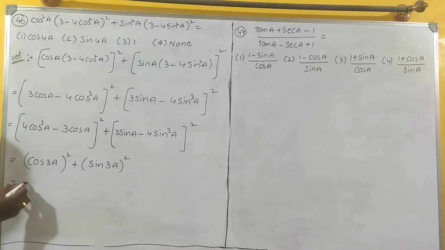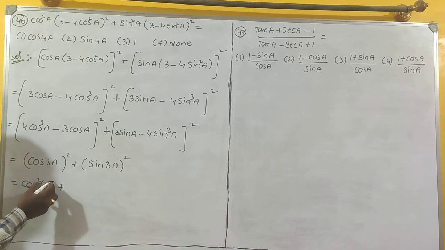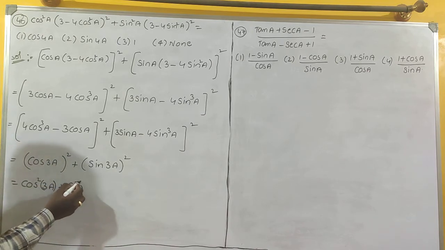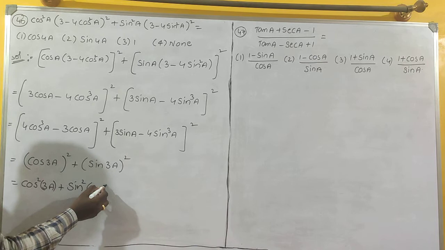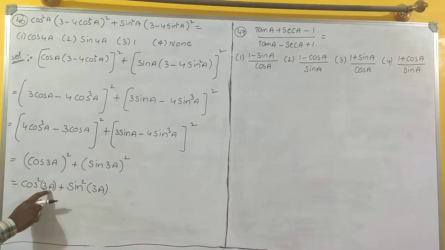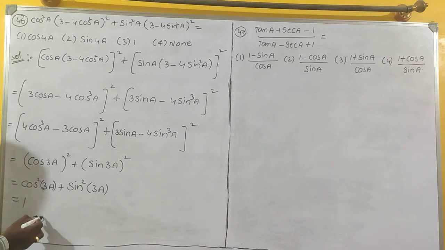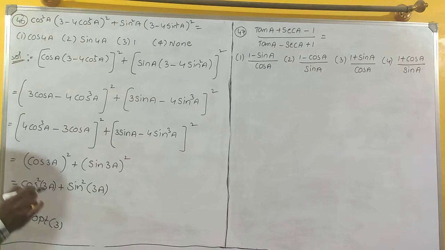That is nothing but cos square 3A plus sin square 3A. It is in the form of cos square theta plus sin square theta, and its value is 1. 1 means option 3 is the correct answer.